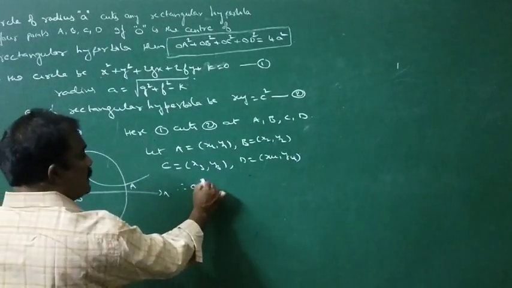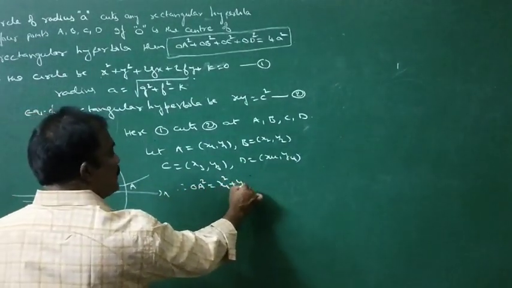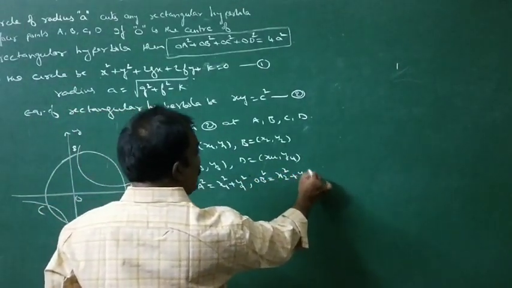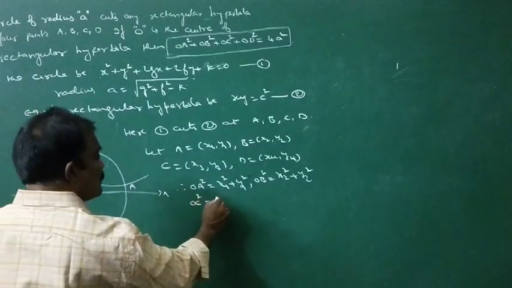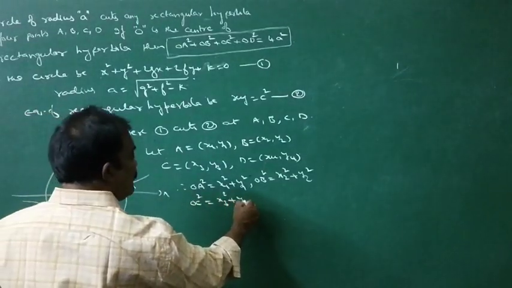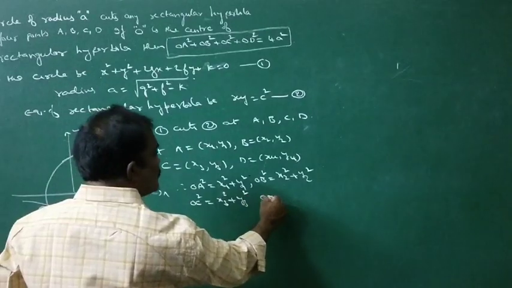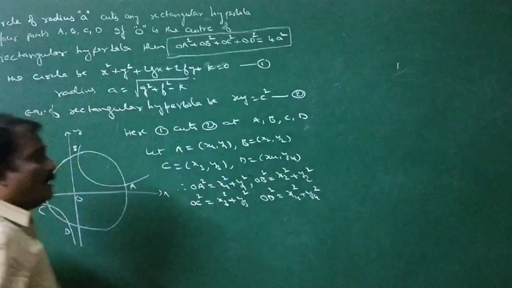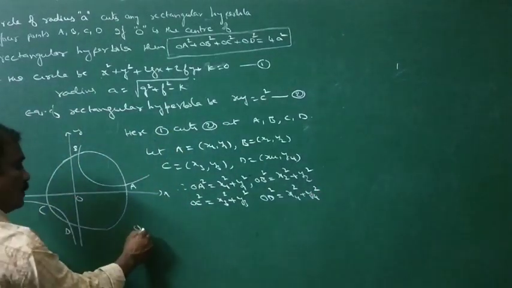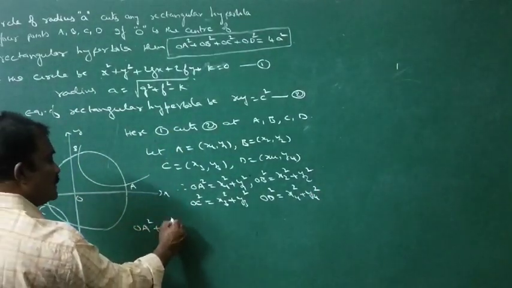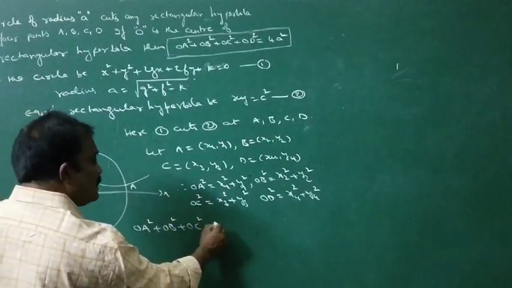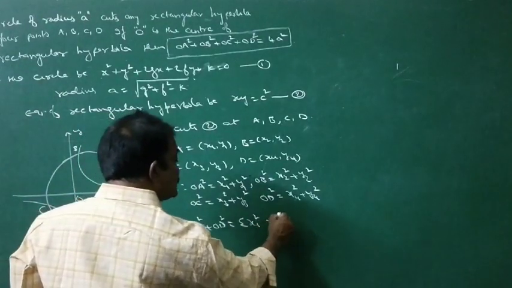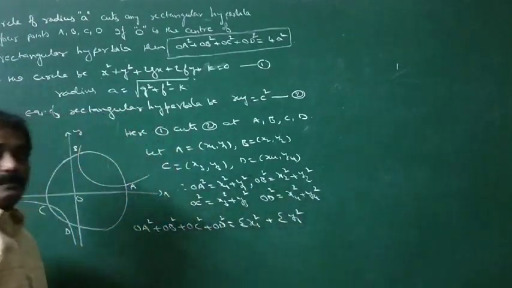Therefore, OA square equal to x1 square plus y1 square, OB square equal to x2 square plus y2 square, OC square equal to x3 square plus y3 square, and OD square equal to x4 square plus y4 square, where O is the origin. Therefore, OA square plus OB square plus OC square plus OD square equal to sigma x1 square plus sigma y1 square.